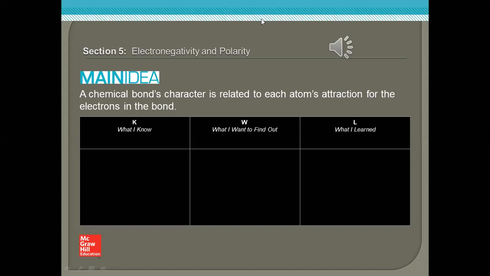Any problem, guys? No problem, it's okay. After that, you can listen to this. Section 5, Electronegativity and Polarity. A chemical bond's character is related to each atom's attraction for the electrons in the bond.